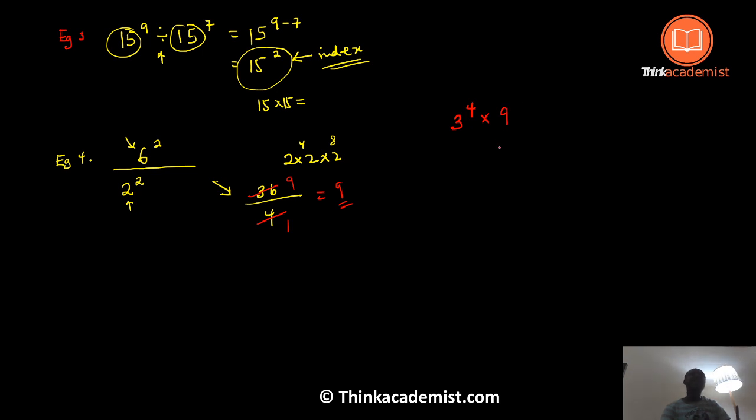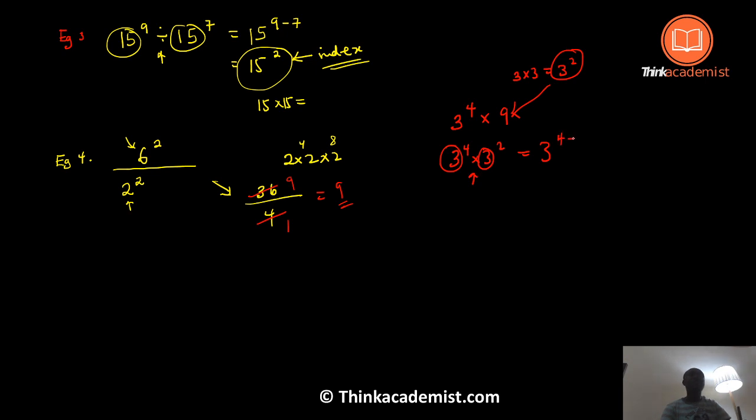Can 3 raised to a certain power give us 9? Yes, 3 times 3 is 9, which is the same as 3 raised to the power 2. So this 9 can be replaced with this, and it becomes 3 raised to the power 4 times 3 raised to the power 2. Now that we know the base numbers are the same, we represent it with one, and the operation sign between them is multiplication.